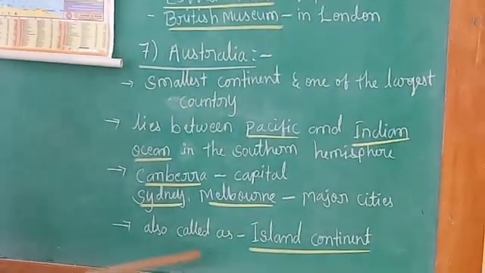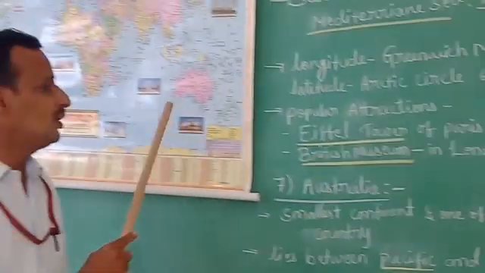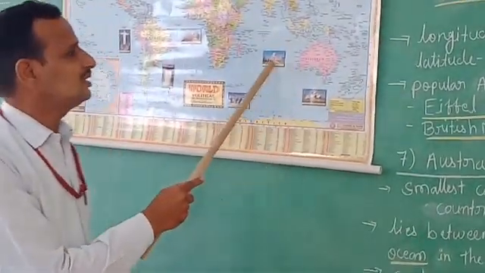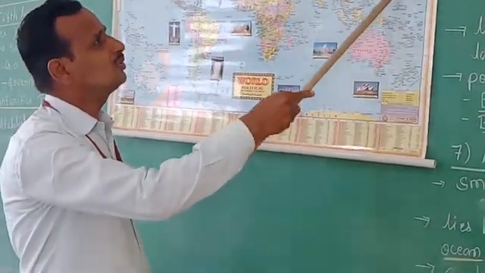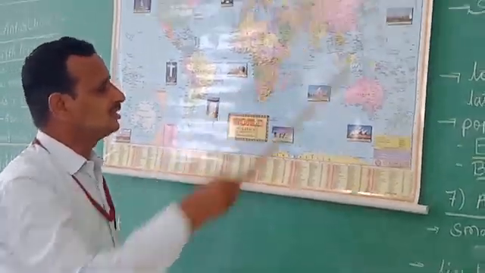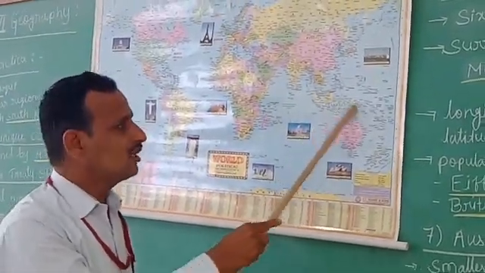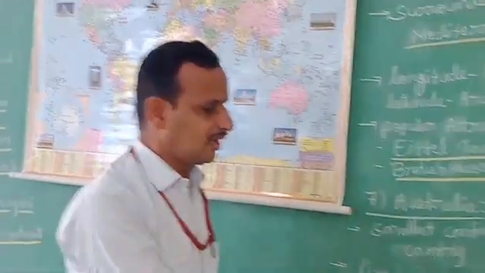Why? Because it is surrounded by water on all sides. You will see it here. On the west side is the Indian Ocean, on the east side the Pacific Ocean, in the north the Arctic Ocean, and on the south side the Southern Ocean. So it is surrounded by water on all sides. That's why it is called an island continent.